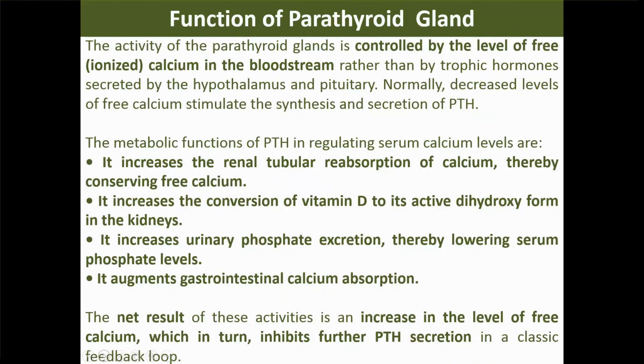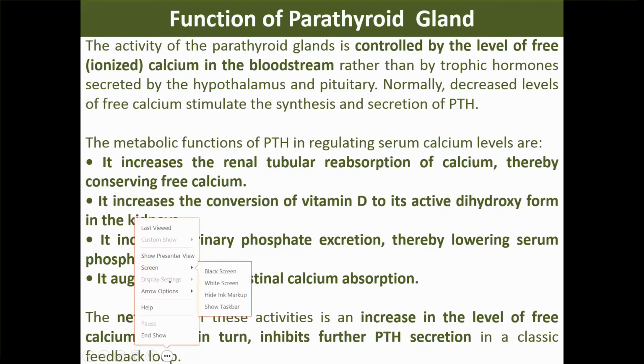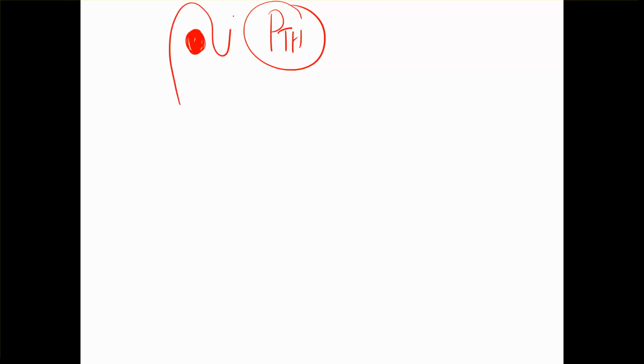So now coming to the function of parathyroid gland, let me take the screen and explain. See, parathyroid gland secretes parathyroid hormone, right? Consider this is the parathyroid gland, or we will draw the parathyroid gland inside the thyroid. This is at the back of the thyroid, and we have 4 parathyroid glands.